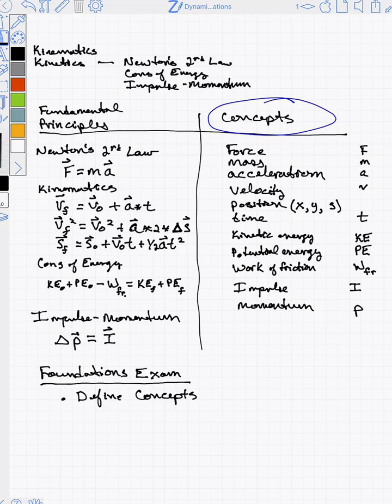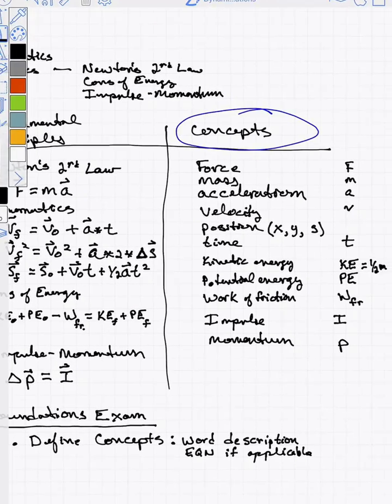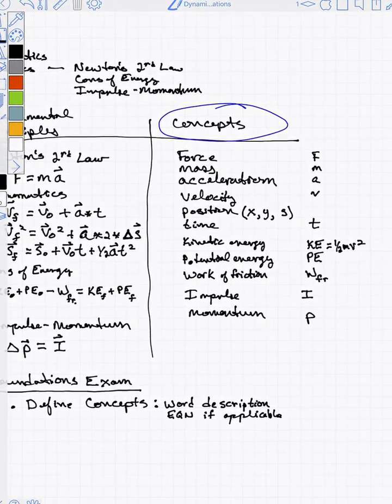What does define mean? Well, define means to be able to give a word description, write an equation if applicable. So for example, kinetic energy. The equation would be kinetic energy equals 1/2 m, running out of space there, v squared.